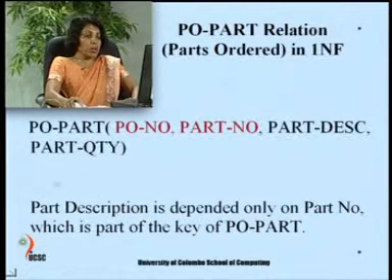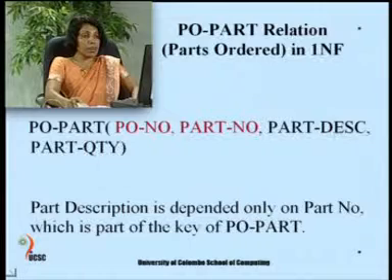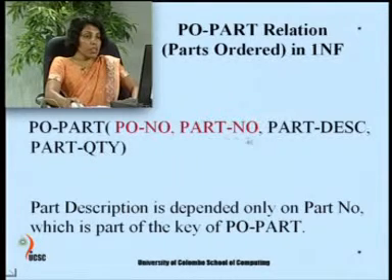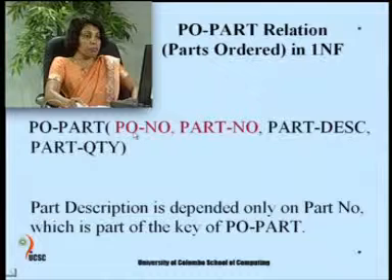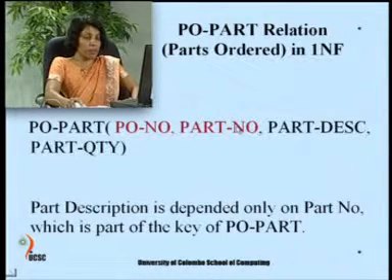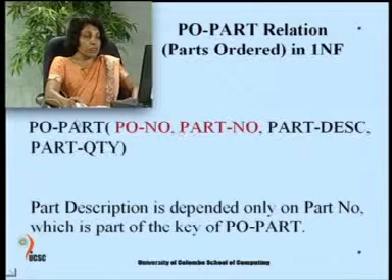Part description will depend only on part number. Here the key would be a composite key, that is purchase order number and part number. Part description depends only on the part number, which is part of the key of this relation.